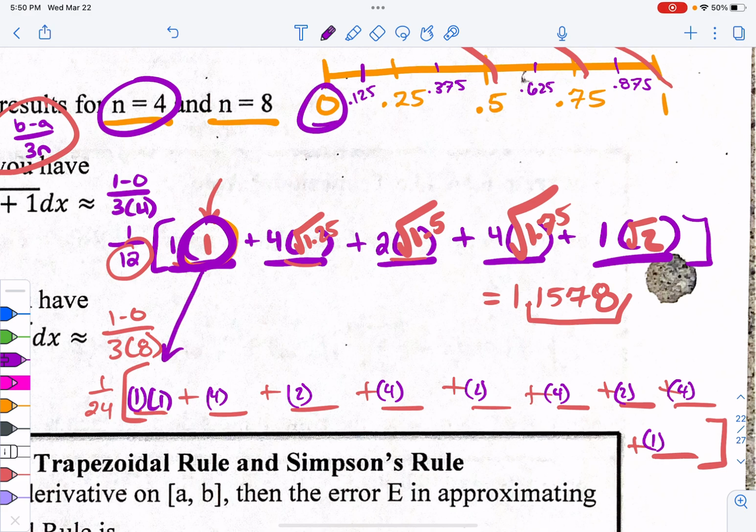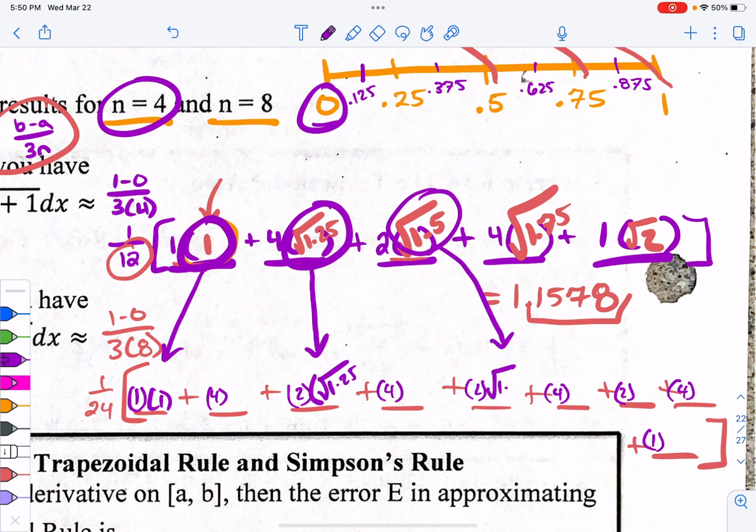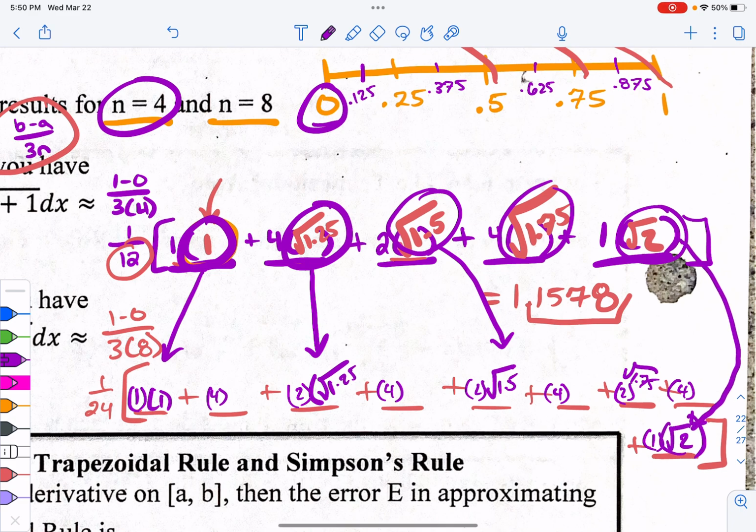This square root of 1.25 will be my third one. The square root of 1.5 will go here. The square root of 1.75 will go here. And the square root of 2 will go in the last spot. Now, it would be nice if we could use a shortcut, except here's the problem.